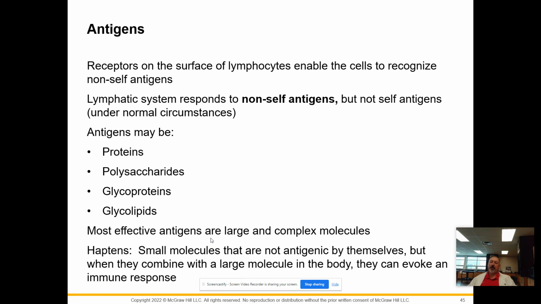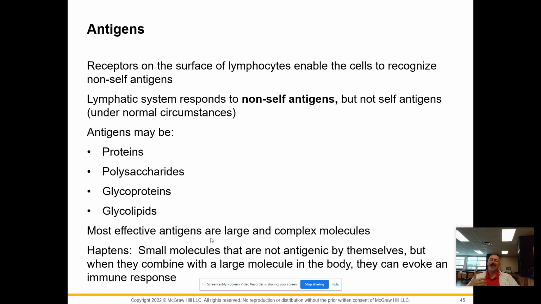So, the antigen, the part that's identifying as non-self. Antigens can be these different things. They can be proteins, they can be polysaccharides, they can be glycoproteins, they can be glycolipids. Ultimately, they're like a chemical name tag. Once again, cells communicate chemically, and these are chemical structures on that cell surface that are so unique to them.